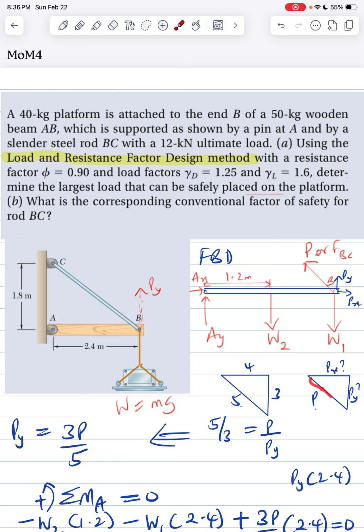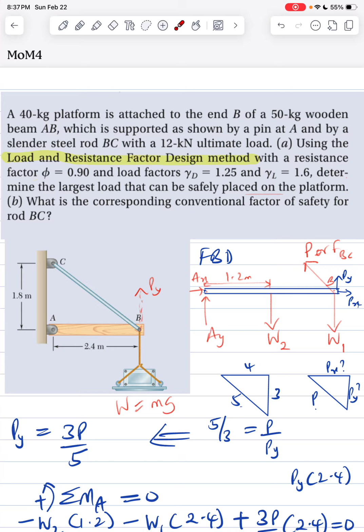We can resolve this into the Y component and the X component. P is the largest side of the triangle, so we have that as 5. So we can say Py corresponds to 3 and Px corresponds to 4.